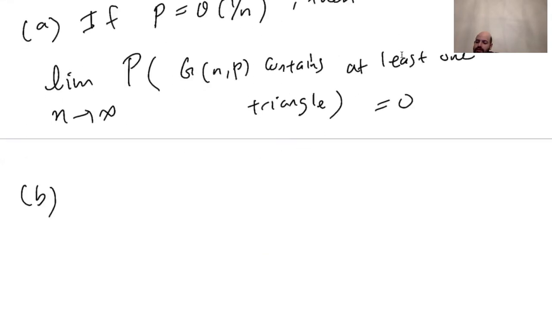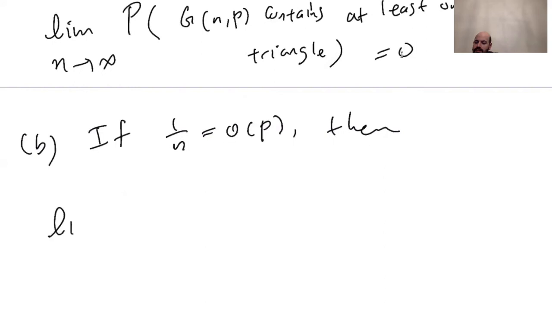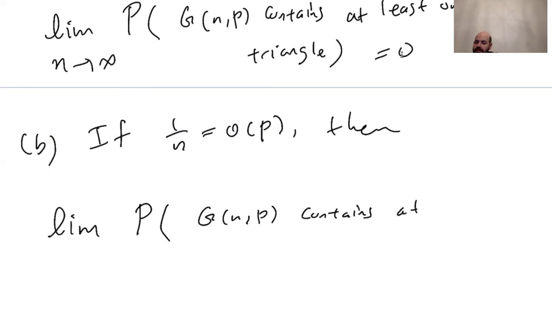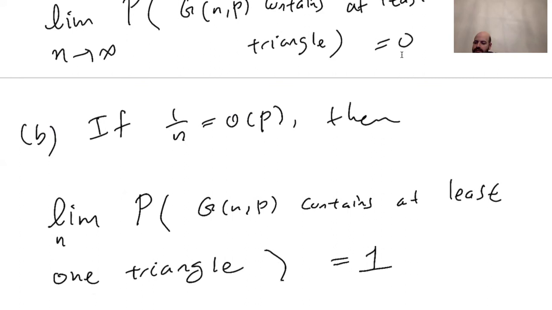And part B, if 1 over n is small o of p, then the limit of the probability that G of n and p contains at least one triangle is 1, again as n goes to infinity.